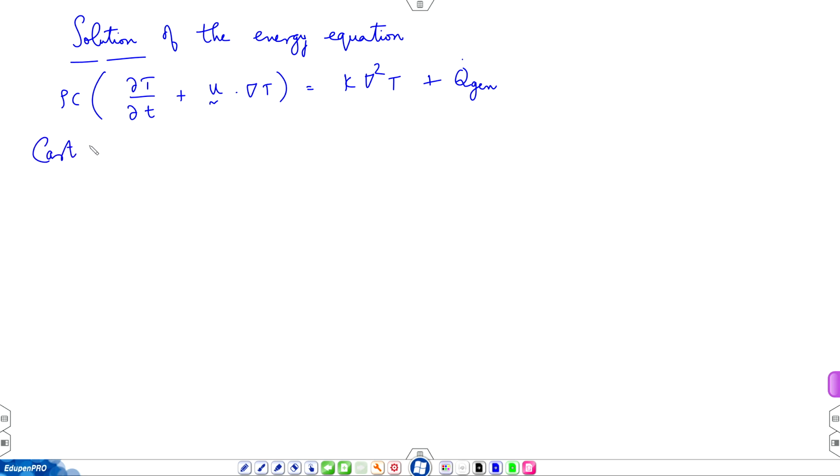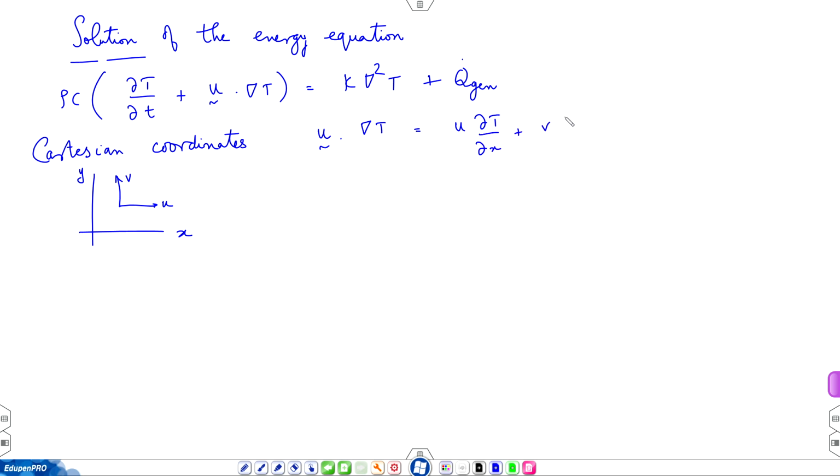Suppose you want to solve in Cartesian coordinates, then you have to express it, which in our shorthand notation is u T_x plus v T_y.